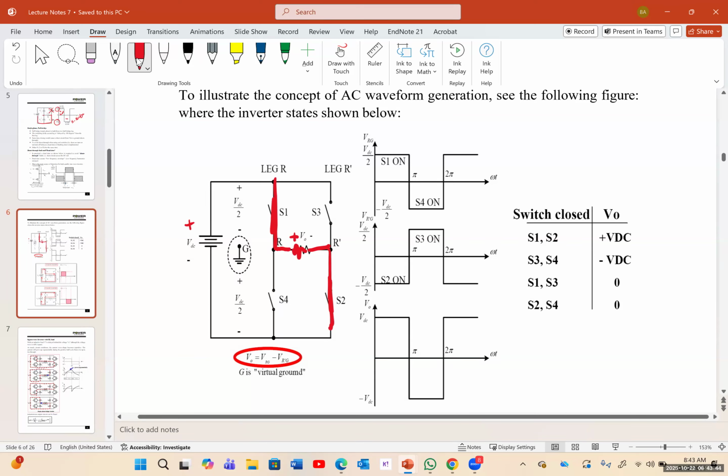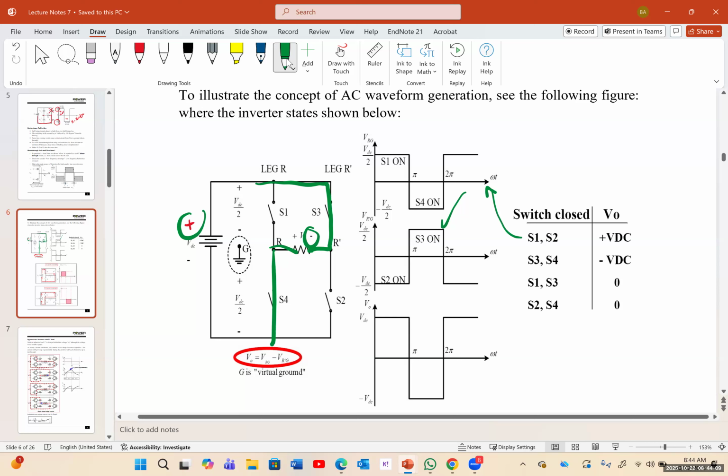So you're going to have positive. And when S3 and S4 are closed, let me draw it with a different color, then the negative of this is connected to the positive. Therefore, we're going to have the negative cycle here. So here S3 and S4 are on.